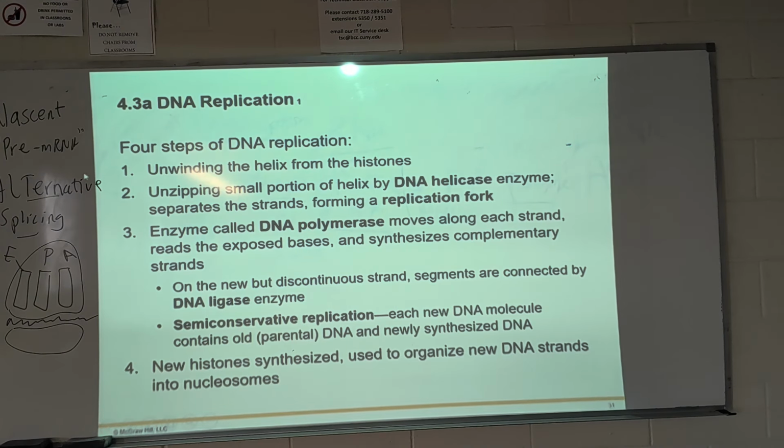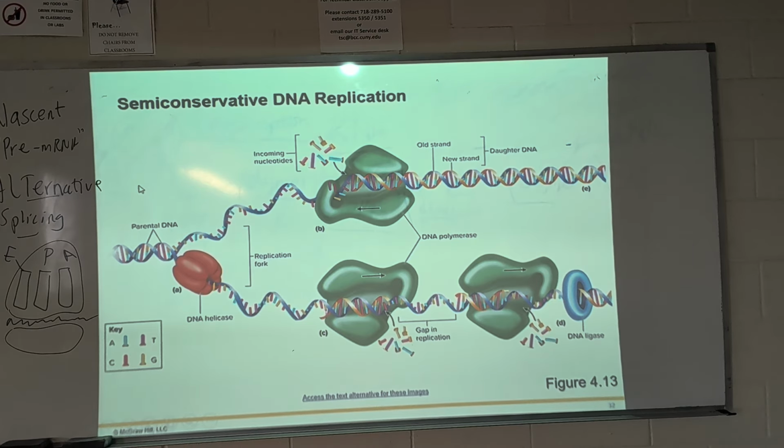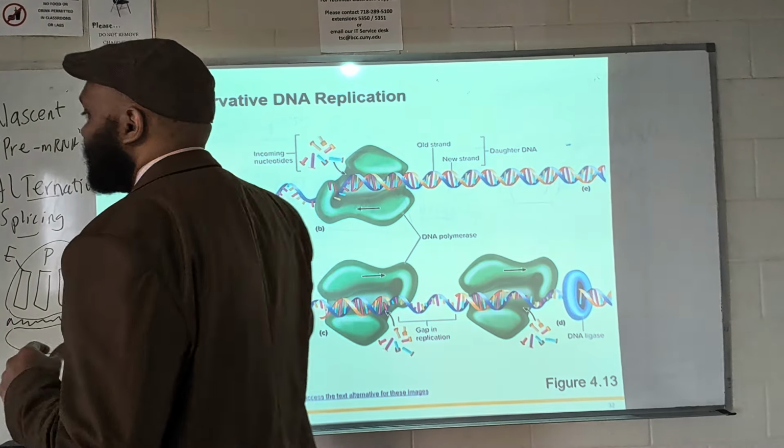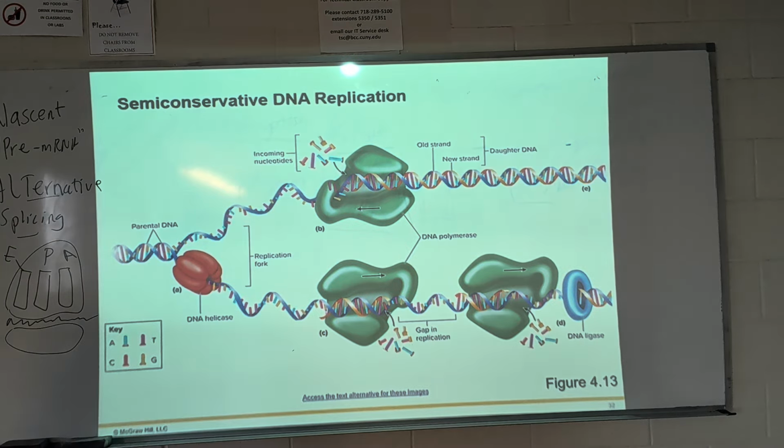Okay, when it comes to DNA replication, we talked about that, and we said that for DNA replication, we use what kind of enzyme? DNA polymerase, DNA dependent DNA polymerase. And when we look at this figure here, DNA replication is a process that is known to be semi-conservative and discontinuous.